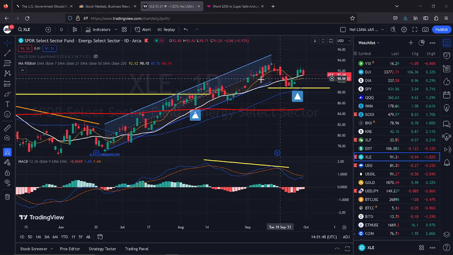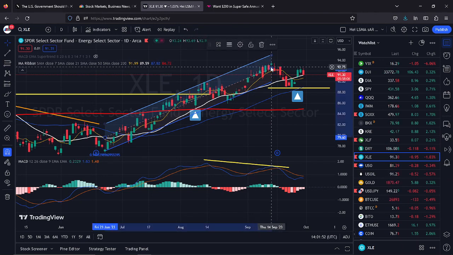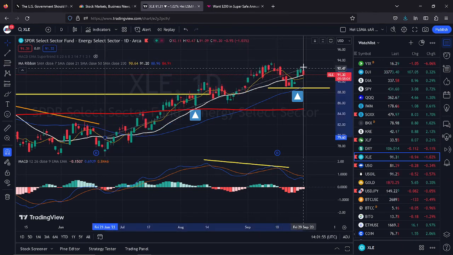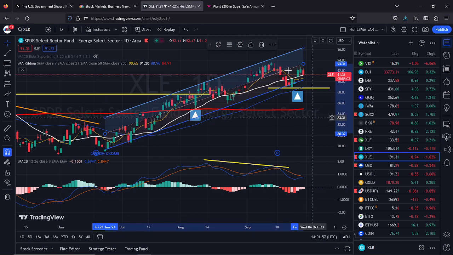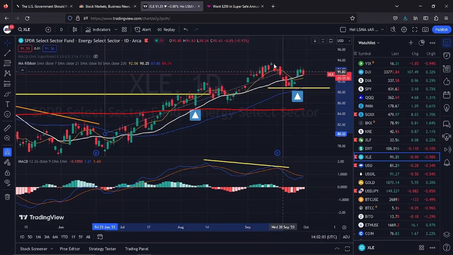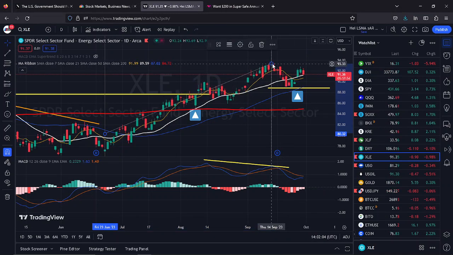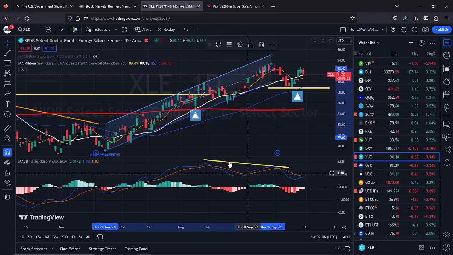Now it went back. So if I extend my regression channels, everything looks alright. But of course, I want to leave it here from the previous peak, so I can get confirmation, remind me, okay, the momentum definitely died off.